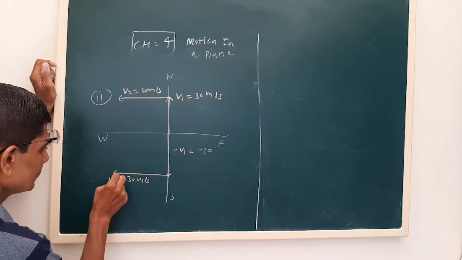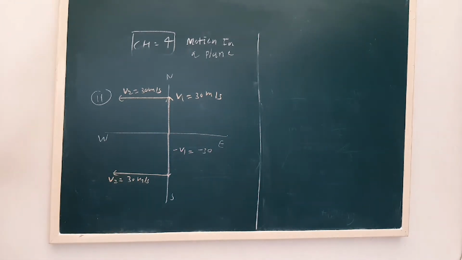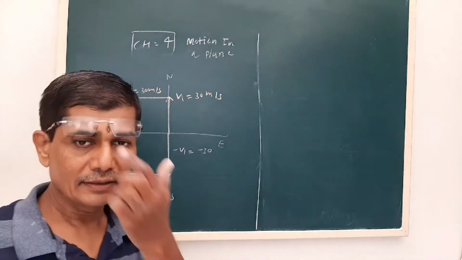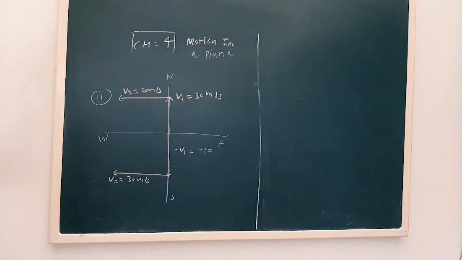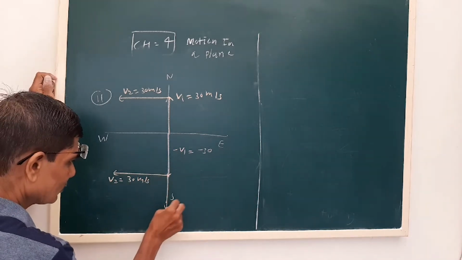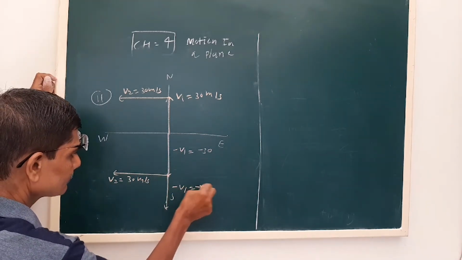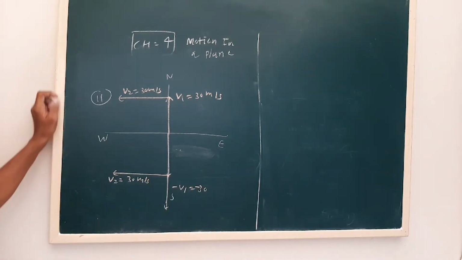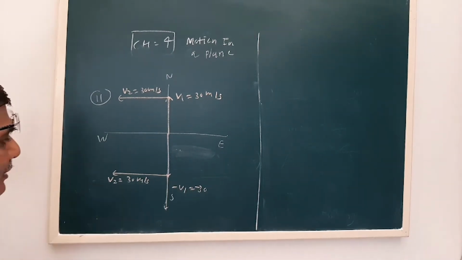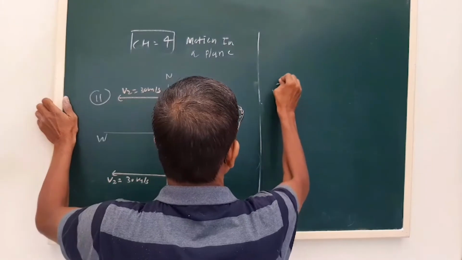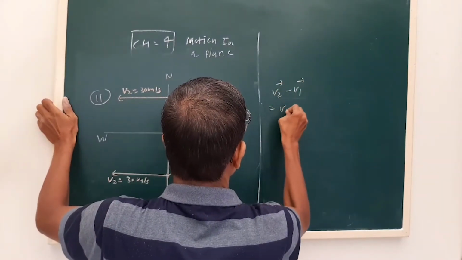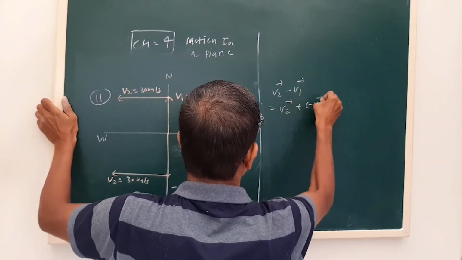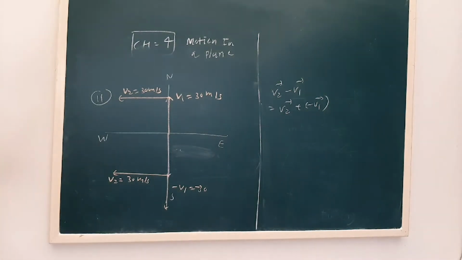As I told you, an important use of vectors is that they can be shifted by keeping their magnitude and direction the same. So v2 we can consider here also, and v1 here also, minus v1. Now v2 minus v1 is our addition of vectors.